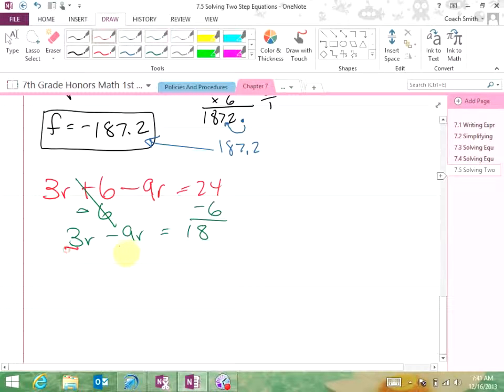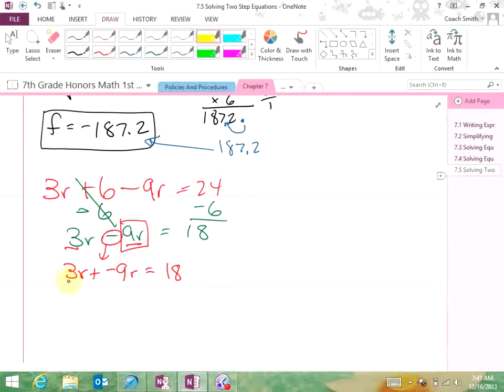Now, can I take 3 minus 9? No. So I have to go 3r, change that to addition, do the opposite of 9r, which is negative 9r, equals 18.